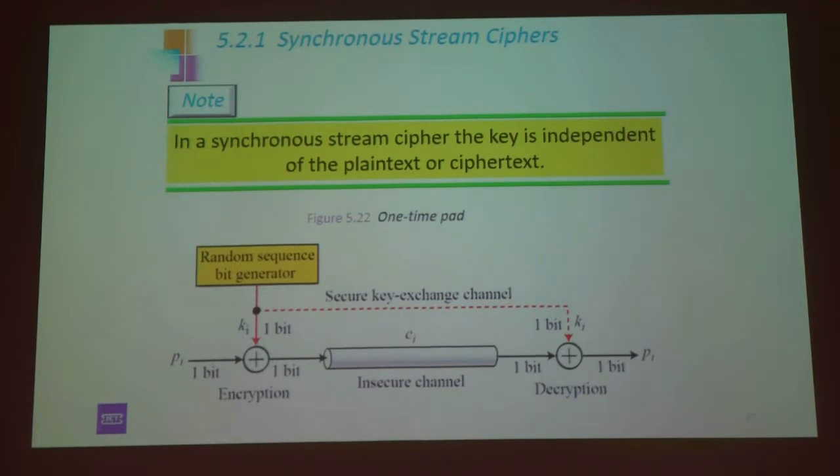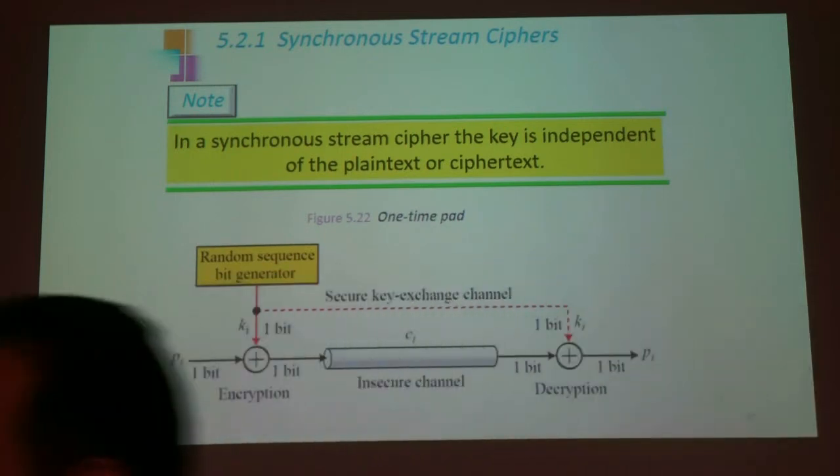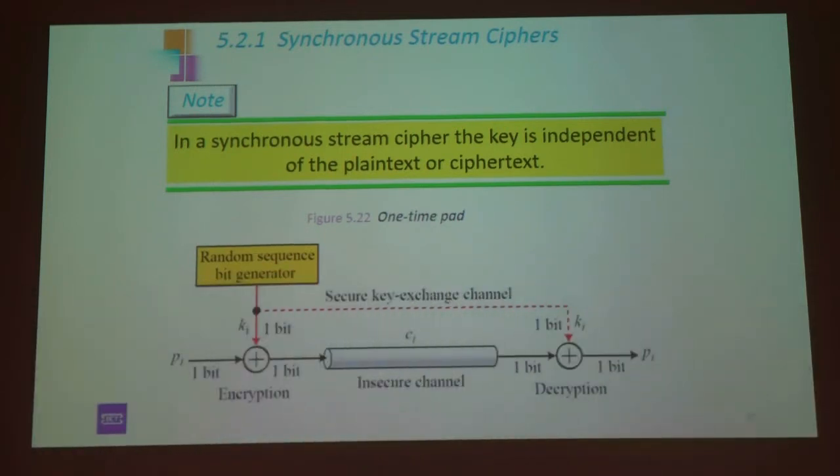But where's key 2 coming from? From C1, for example, some part of C1. So I cannot get key 2 until I get what? C1. So I use C1 to generate the key for the next. In this case, what do I have to share? Only the first key, key 1, where I started. And then it goes in sequence.